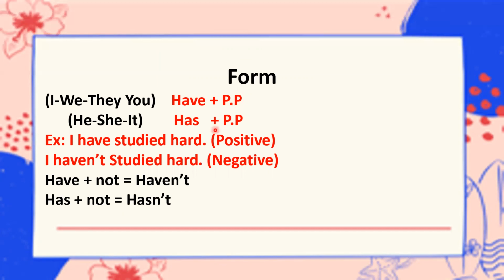If I want to put such sentences in negative form, she hasn't visited her uncle, or I haven't played football. More than amazing, guys. So here, have plus not is pronounced haven't, and has plus not, hasn't. Okay, everything is okay until now, guys. Yeah, more than amazing.